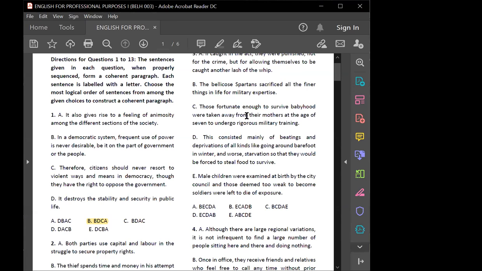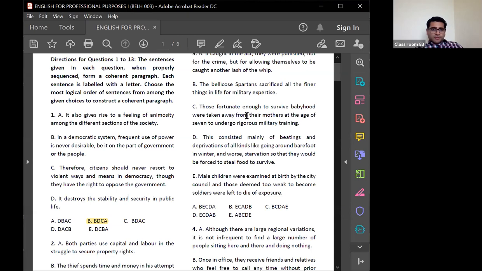I was going with that. With BDAC. So if we are saying it also again, it is referring to the same democratic system which we are talking about, right? Yes, sir. And therefore is basically comprehending or concluding the whole sense.